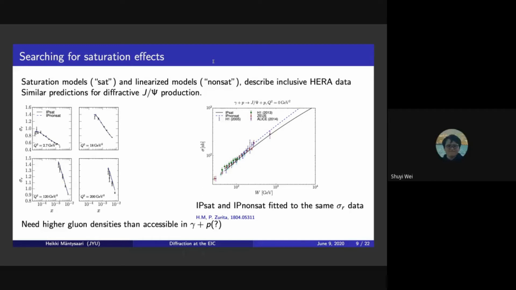So the shape has always been quite identical. I will quickly come back to that later in the talk, but the bottom line is that everything we have used mostly affects the normalization. So we are quite confident that the energy and t shapes are quite robust. Okay.